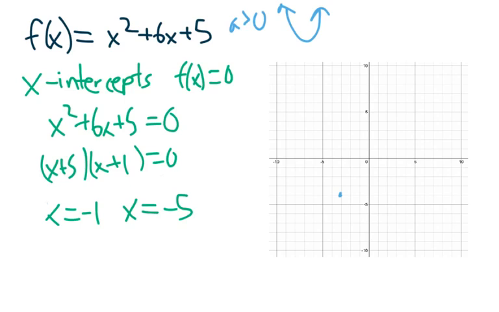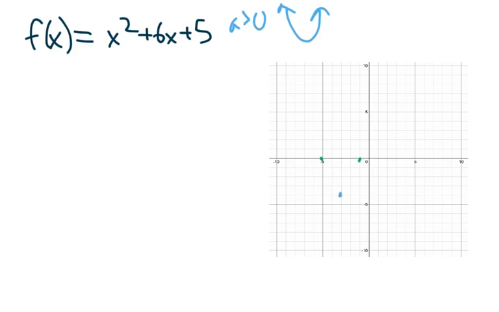Now that I've factored, I know that at negative 5, I have a point, and at negative 1, I have a point. For the next point, I'm going to use the fact that c is our y-intercept. c is 5, so I have a point there. Then I'm also going to use the axis of symmetry to help me find another point. My vertex has an axis of symmetry that goes right through it.